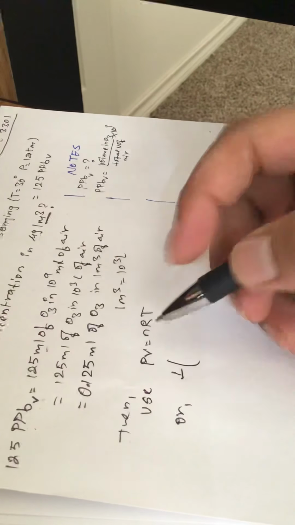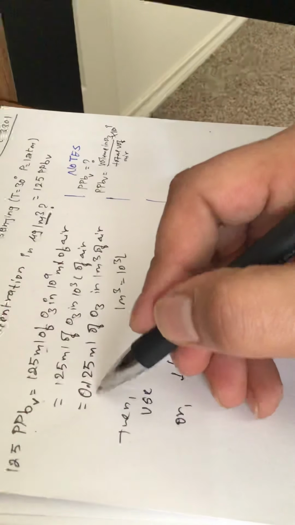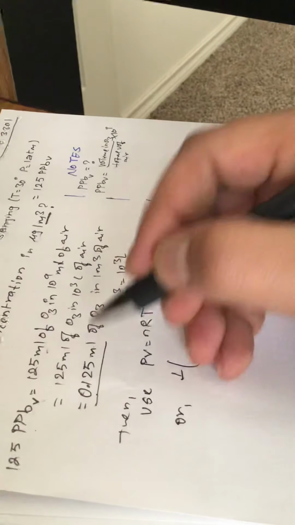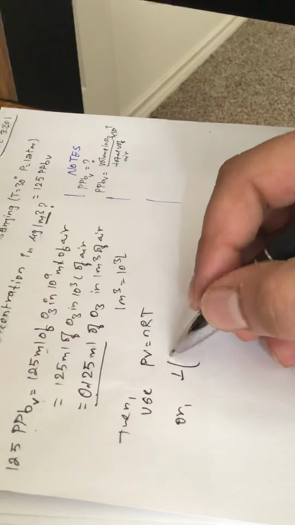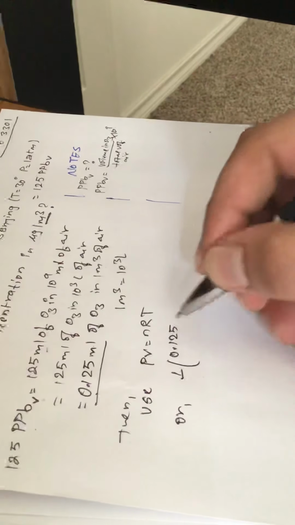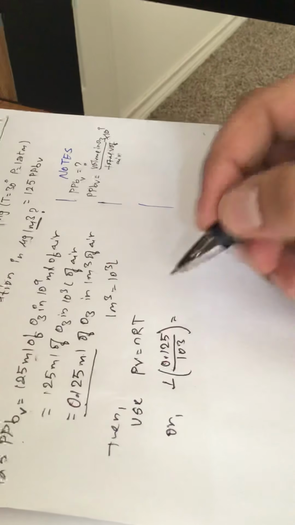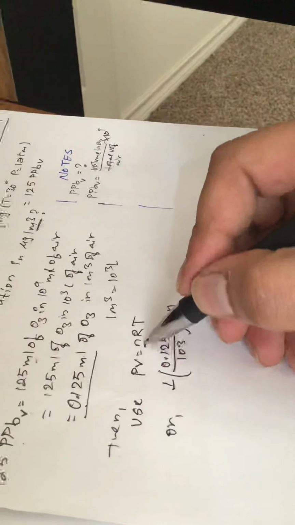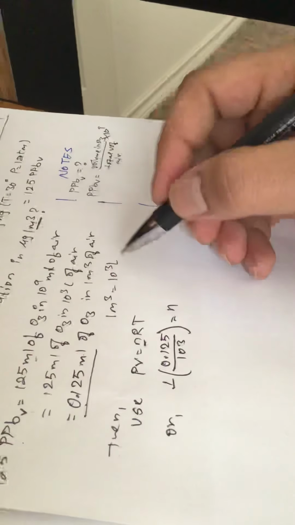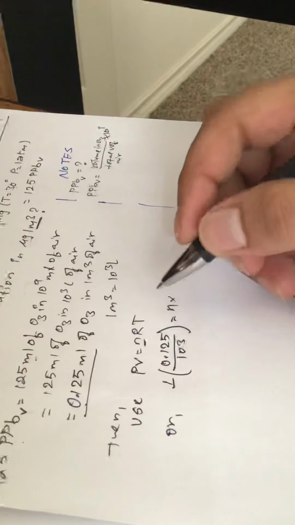For the volume, since I have the volume in milliliter, let's convert that into liter and put it in the equation: 0.125 milliliter divided by 10 to the power 3, that gives us the unit in liter, equals n, the mole of O3 present in 10 to the power 9 milliliter of air, times RT.